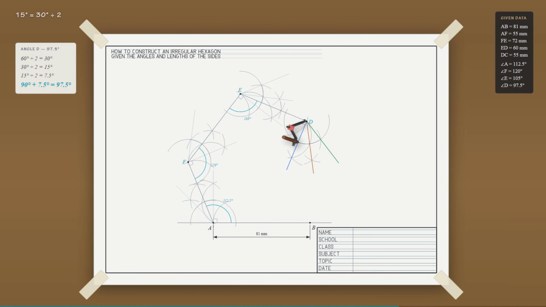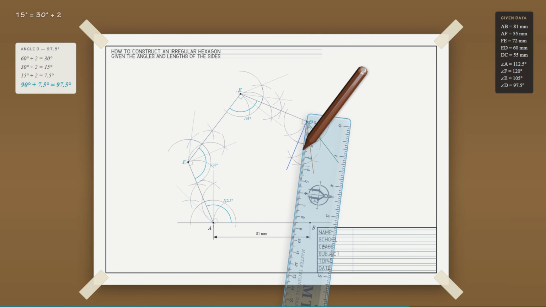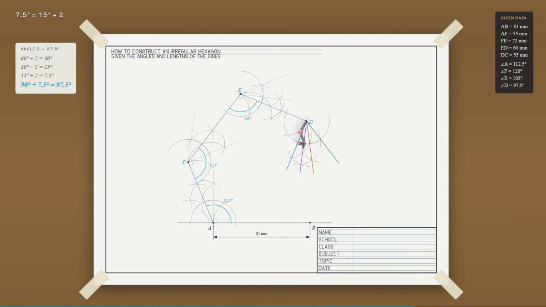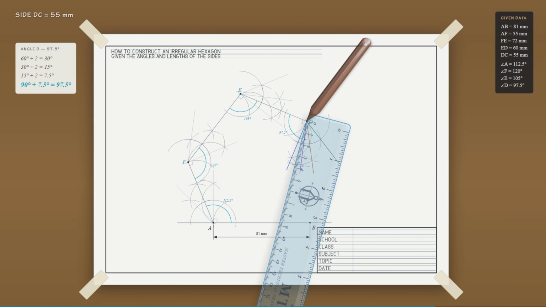We bisect to obtain 15 degrees. We bisect once more to obtain 7.5. Added to 90, this gives the direction DC. We set off DC 55 millimeters and mark C.